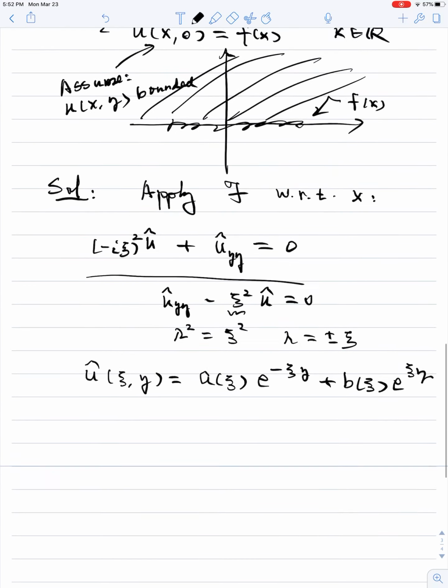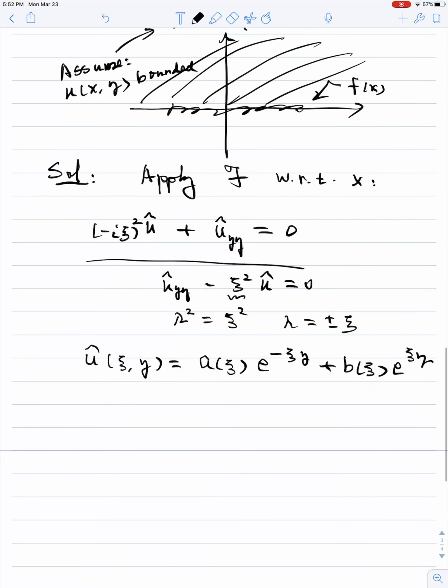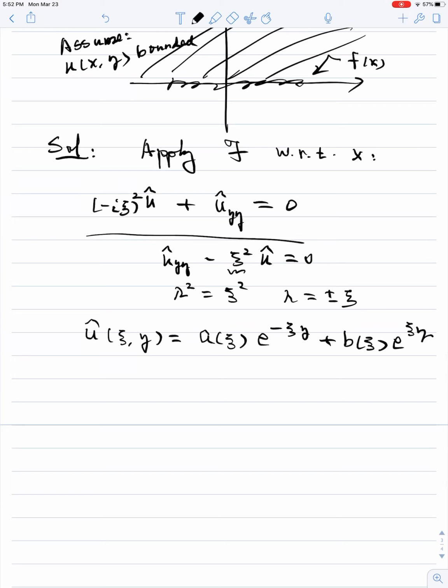Now, if u(x,y) is bounded, then u hat would be bounded. When ξ is positive, the term e to the positive ξ y goes to infinity as y goes to infinity.